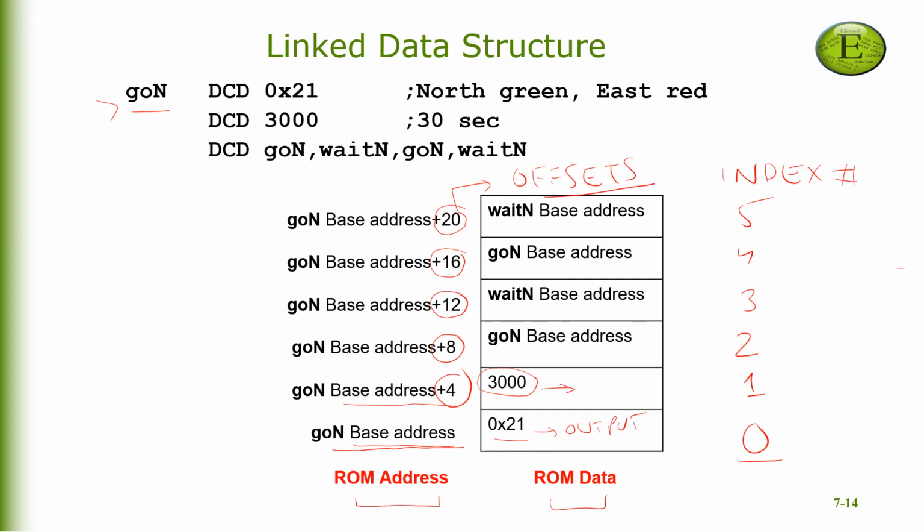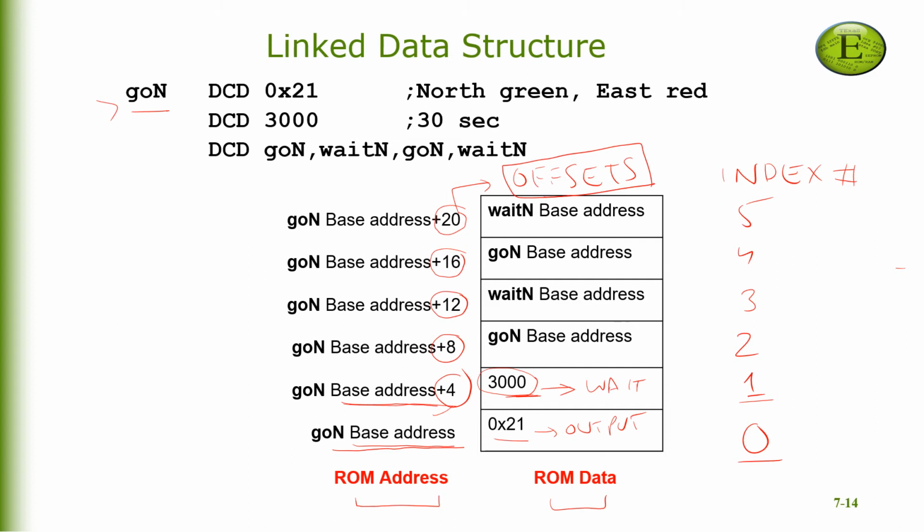The next index contains the wait time data 3000. That is at index number 1. But the address is base address plus 4. So the offset is 4. So here is the offset. So all of these are offsets.